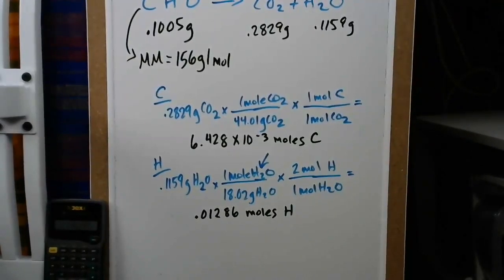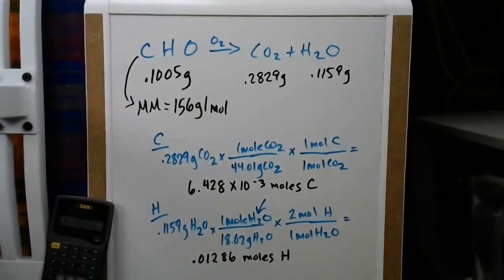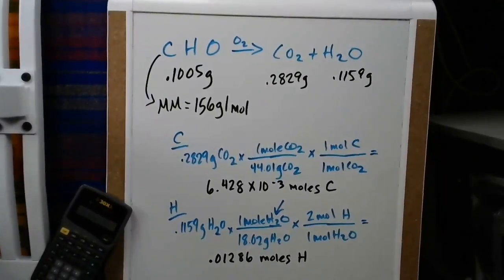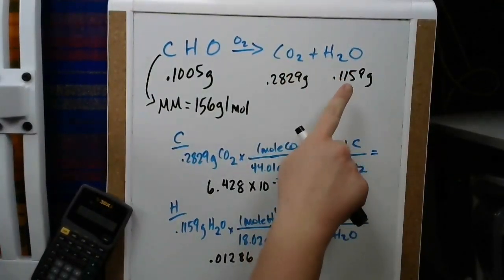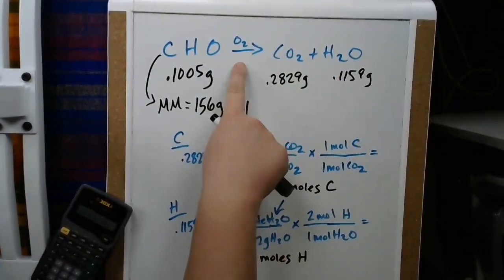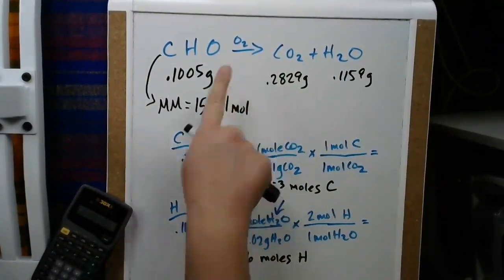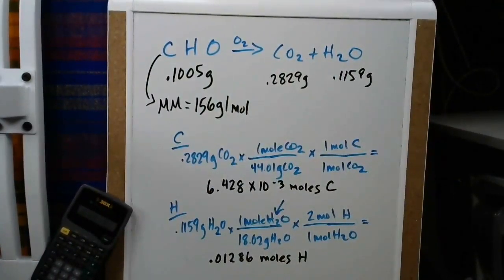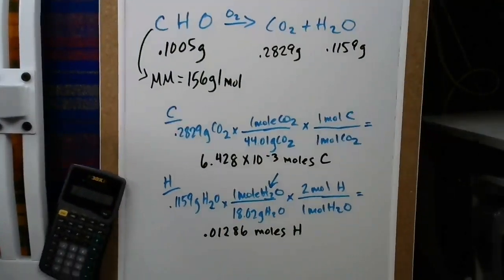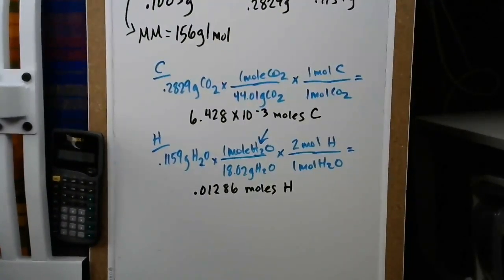Now I need to find the same information for oxygen, but I cannot do it the same way because all of my oxygen that's present in my carbon dioxide and in my H2O, it's all been contaminated by this oxygen flame. So I have to separately find a way to figure out how much oxygen was present there.